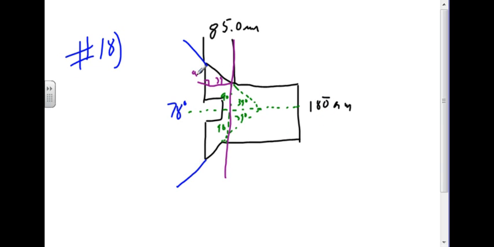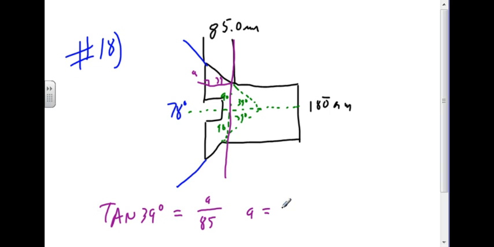Okay, so I know that measurement's 85. I know that angle. So that looks like a tangent. The tangent of 39 degrees is equal to A, the opposite side, divided by the adjacent side.